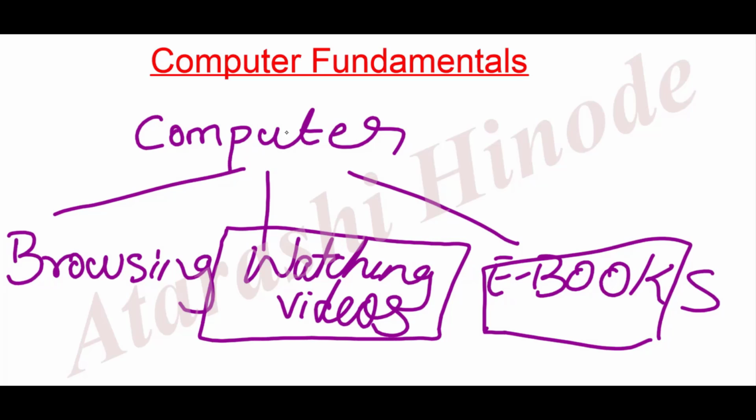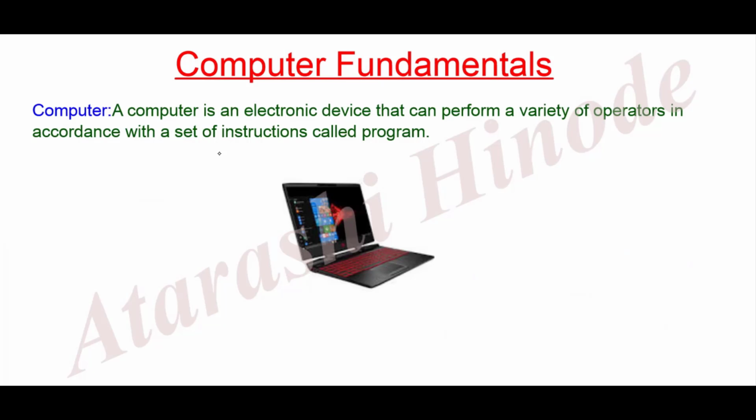A computer is an electronic device that can perform a variety of operations in accordance with a set of instructions called a program. Okay, so let's take the example which we mentioned before, computers used for browsing. How are we able to do this with the help of a computer?